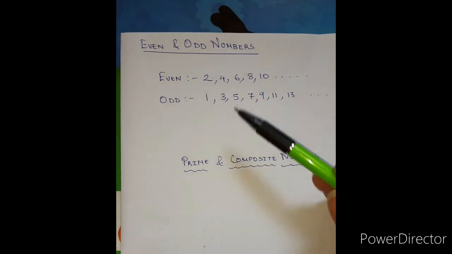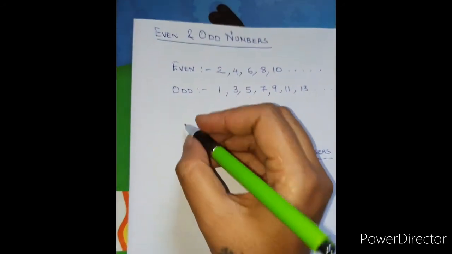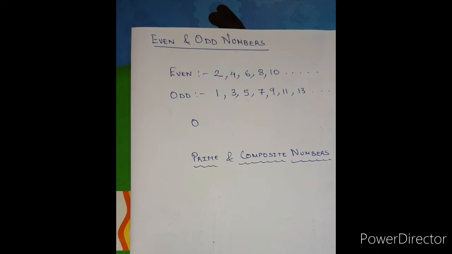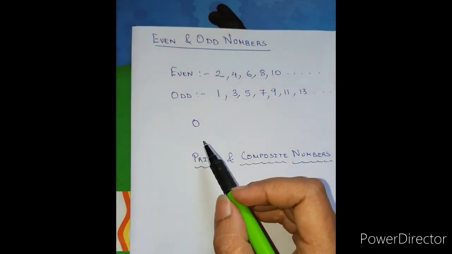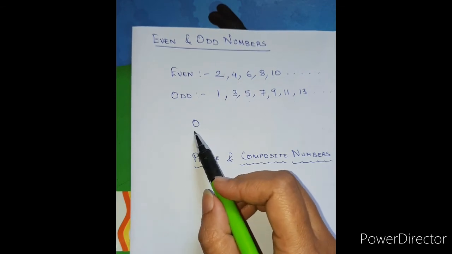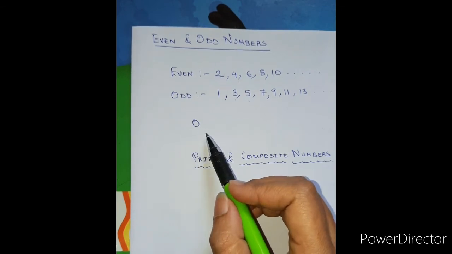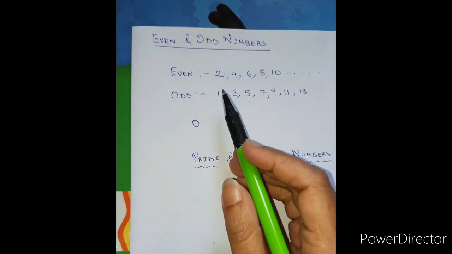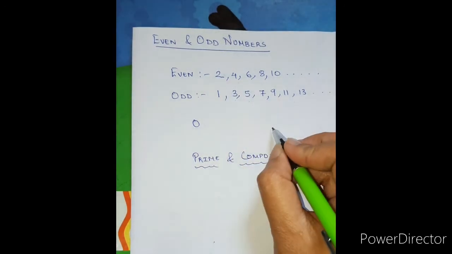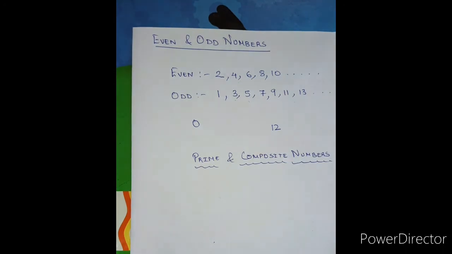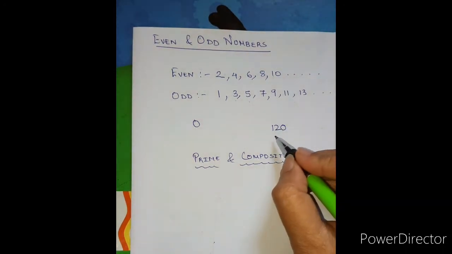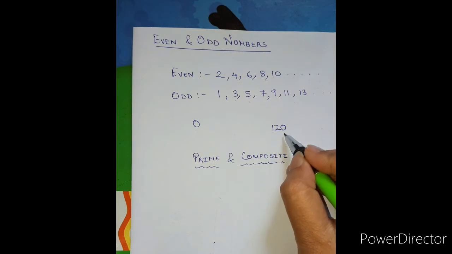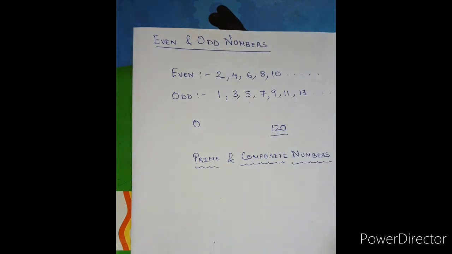One more thing about even and odd numbers is that the number 0 by itself is neither even nor odd. But when it is put with another number, like if I take the number 12 and put a 0 in the ones place, it makes the whole number even.